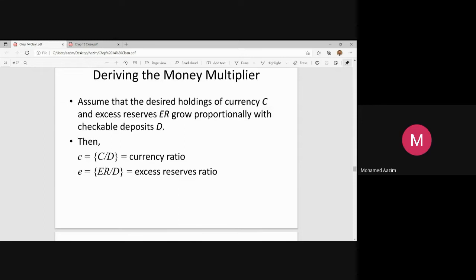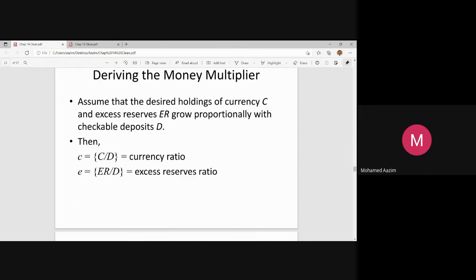People hold currency, right? You might have your bank account, you have your salary being deposited, or whenever you receive a loan, the bank would credit the loan into the deposit account, but you withdraw certain amounts based on your requirements. So that is the desired holdings of currency.